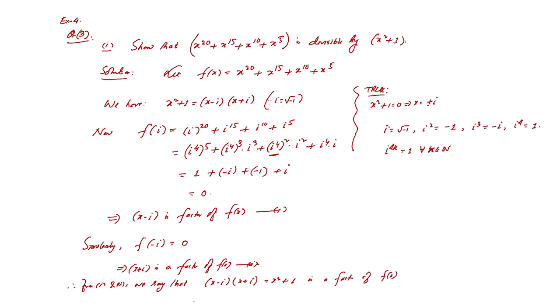So thus it has been shown that x to the power 20 plus x to the power 15 plus x to the power 10 plus x to the power 5 is divisible by x square plus 1.